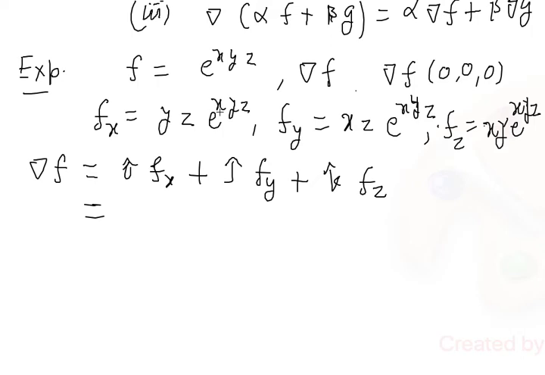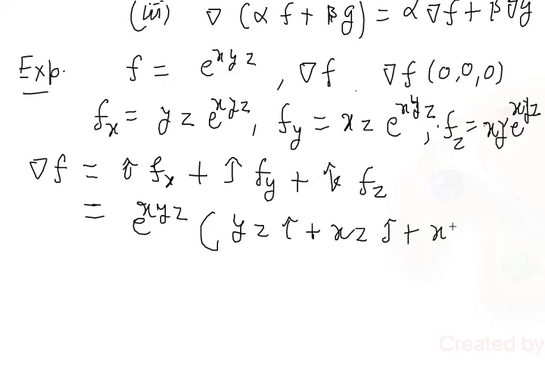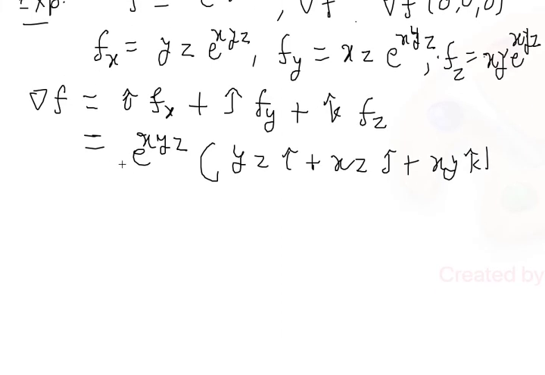You know the exponential function is common to all, so we can write e to the power xyz in front of the bracket: yz i cap plus xz j cap plus xy k cap. So this is the gradient function in variable form.